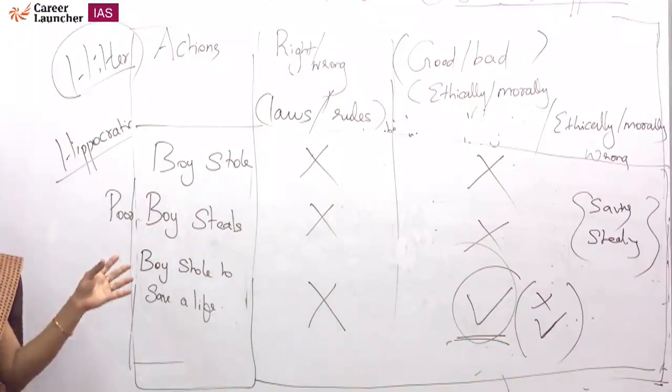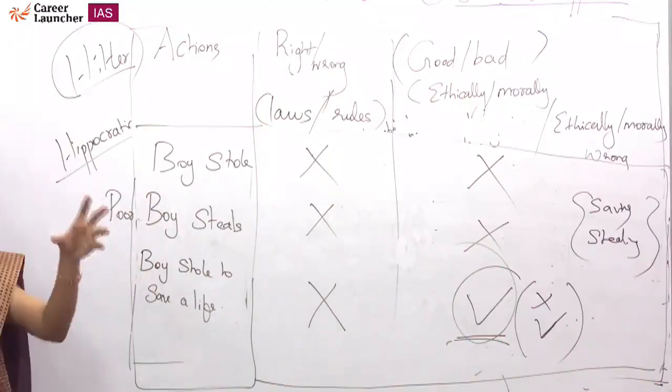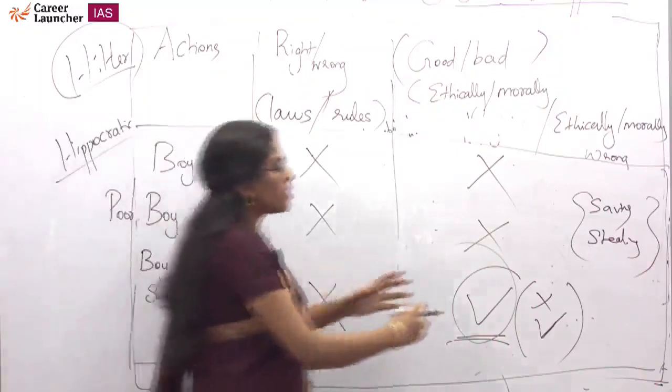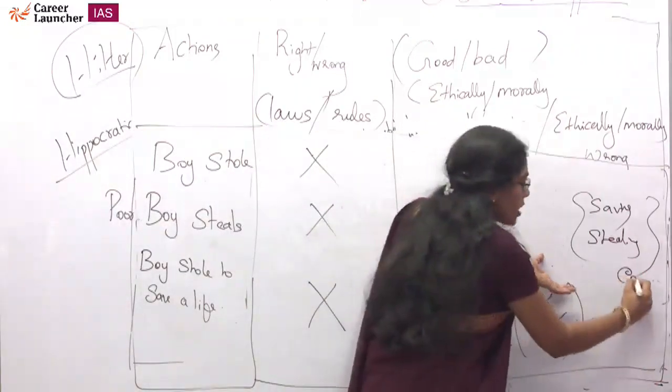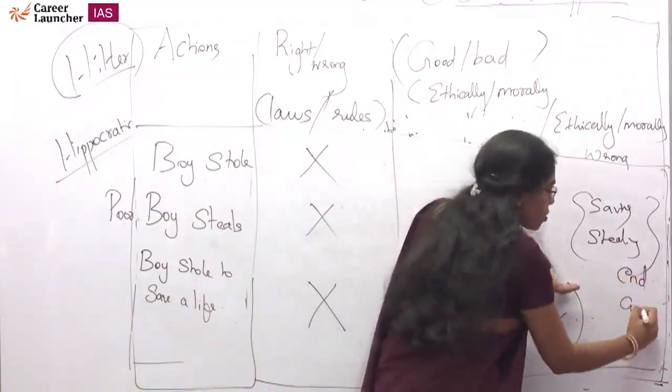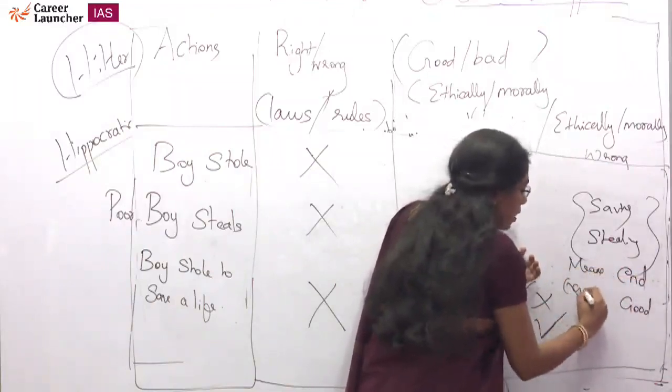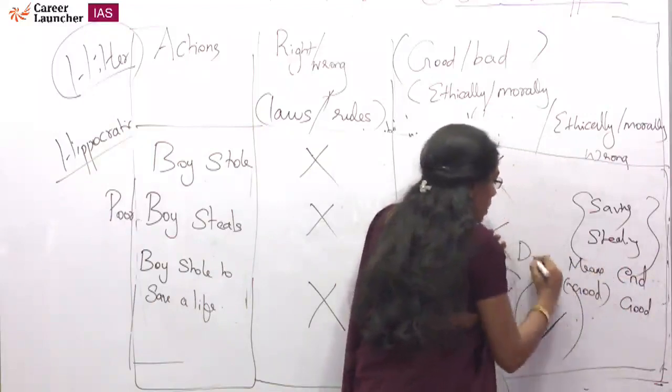So keep this example in mind. Once we come there, I will compare this example and teach you. So, two types of ethics I told you: deontological ethics and teleological ethics. Deontological ethics always says, even though the end you aspire for is good, you should also choose a good means. Means should also be good in the case of deontological ethics.